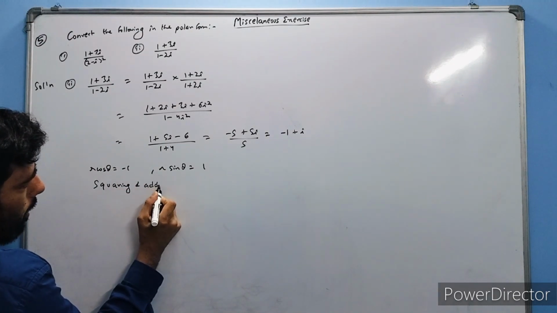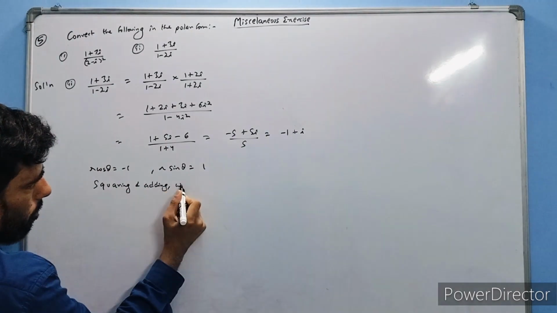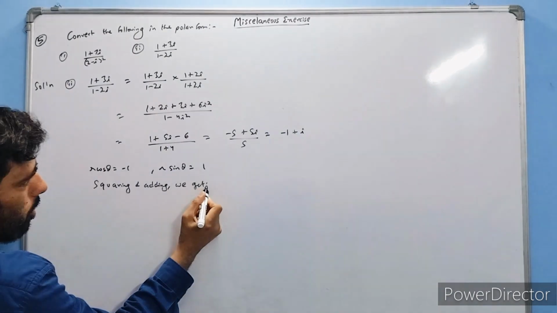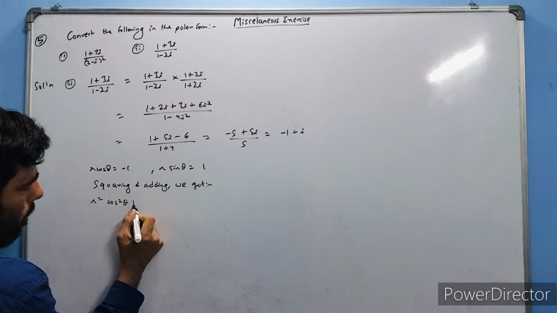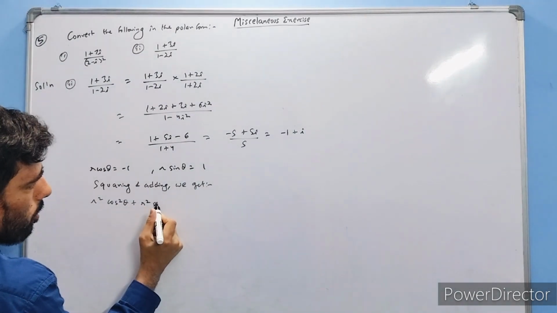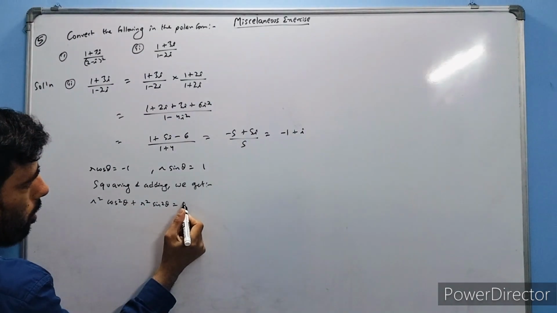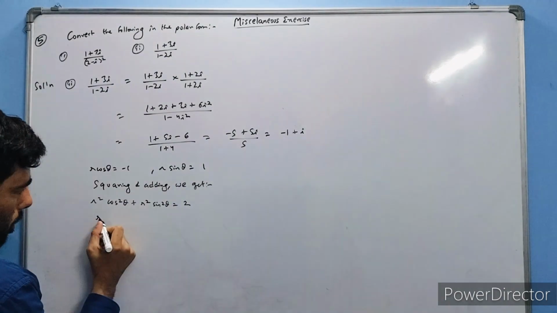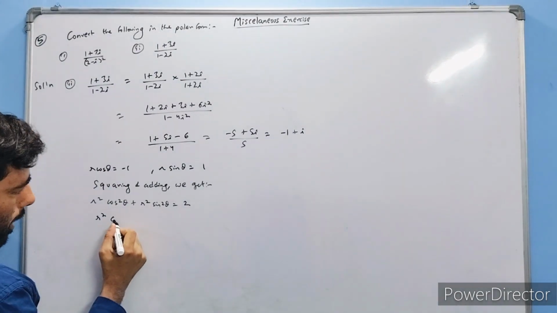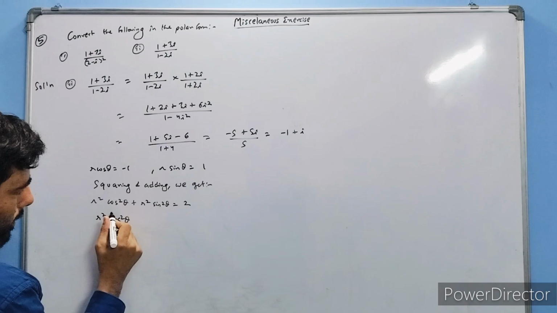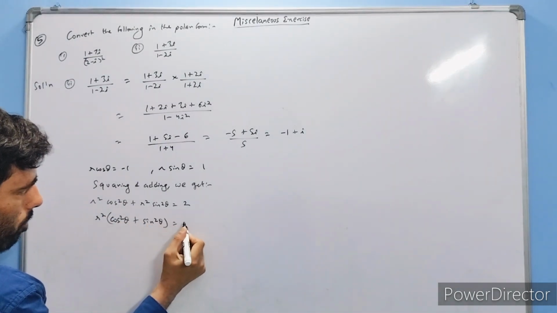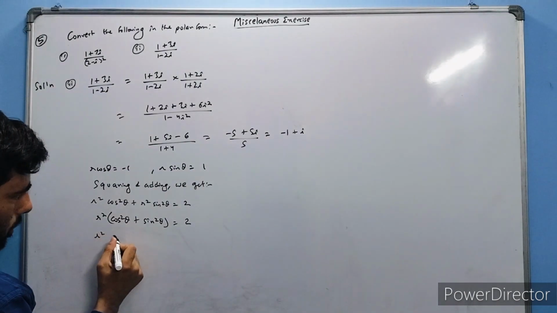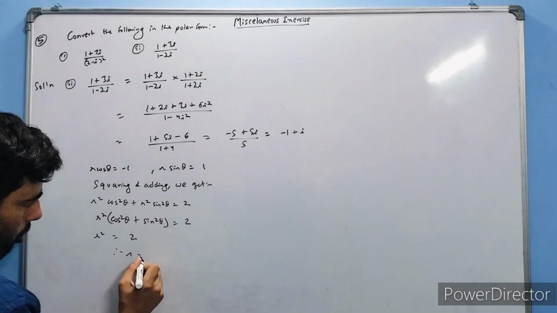So we get r square cos square theta plus r square sin square theta equals 1 plus 1, which is 2. So we'll take r square as common. So we have cos square theta plus sin square theta equals 2. So r square is equal to 2. So therefore r is equal to root 2.